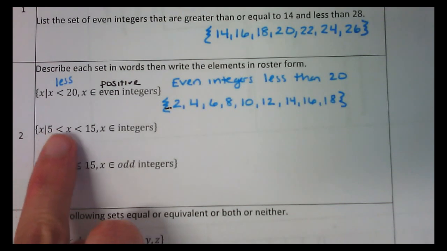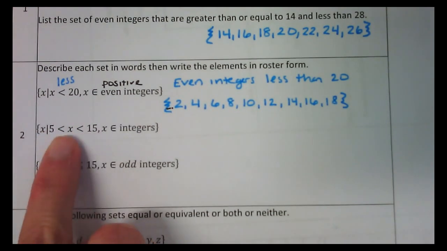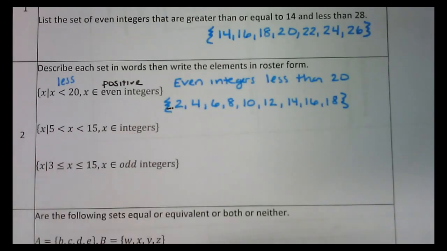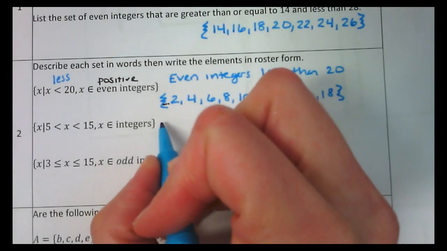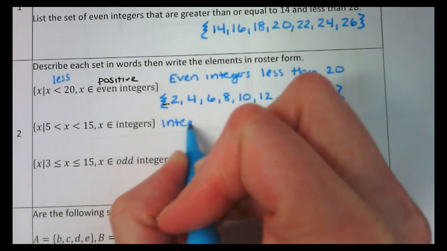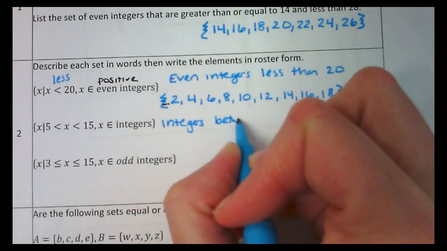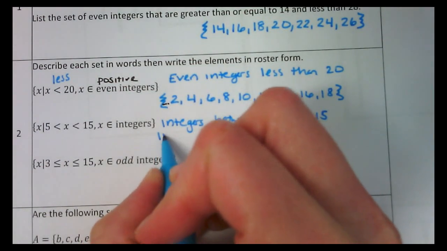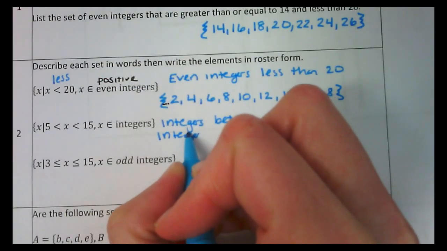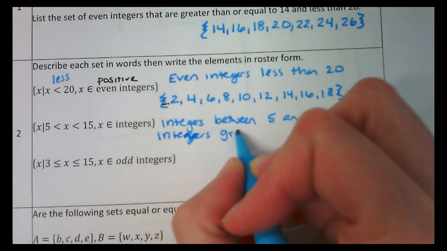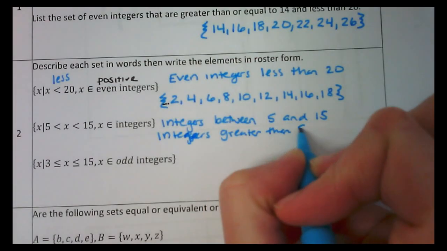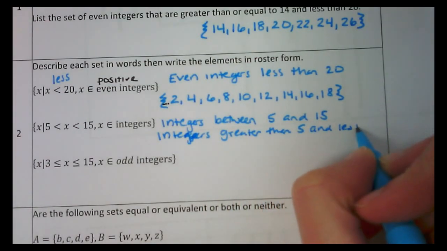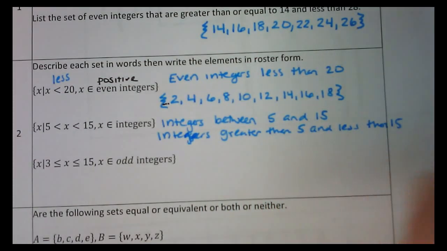All right, here it says 5 is less than x and x is less than 15. So this is a way to say that x is between 5 and 15 and it's an integer. So we're going to say integers between 5 and 15, or we could say integers greater than 5 and less than 15.